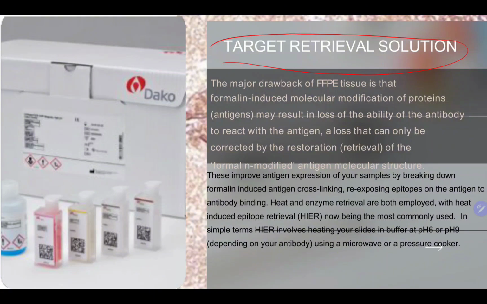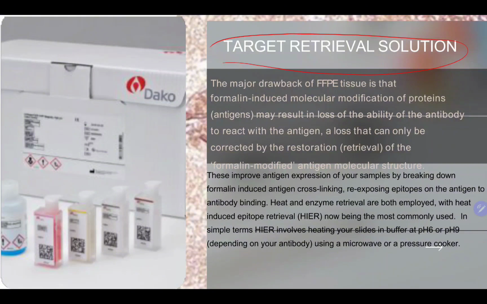Okay, so remember din, aside sa using this solution, the TRS or the target retrieval solution, when you're going to perform antigen retrieval, you can also use heat and enzyme retrieval po, kasi pag heat naga-hasten po yung ating mga reaction. So heat partnered by enzyme, magiging effective po siya.